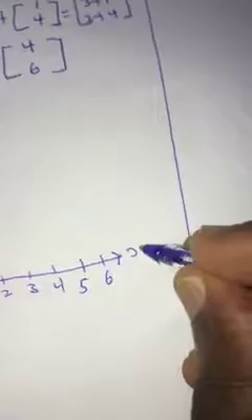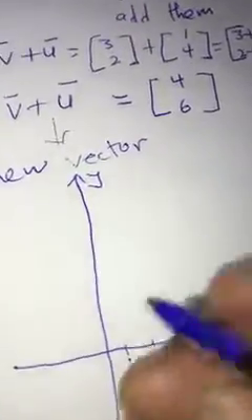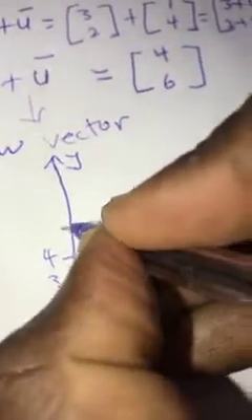And then, of course this is our Y and this is our X. So let's give the, we have 1, 2, 3, 4, 5, 6, and we have 7.